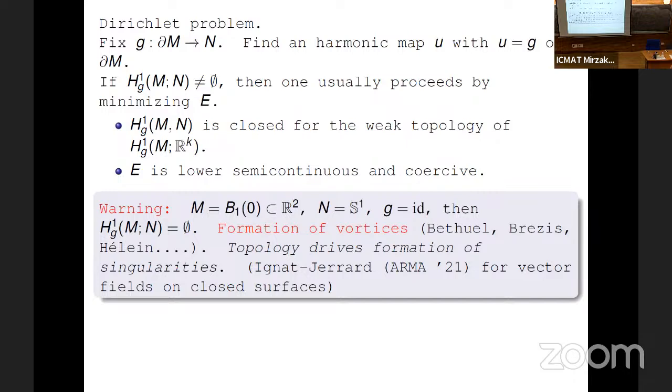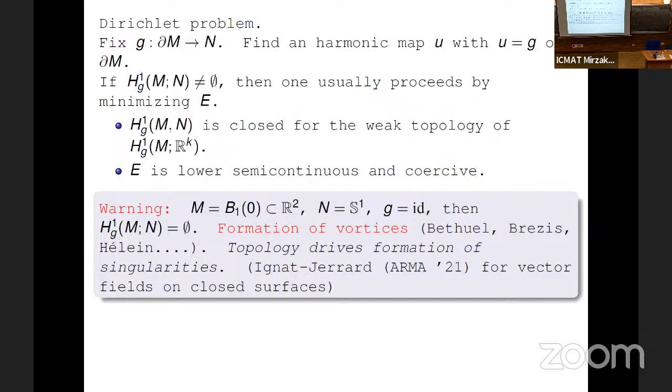So what to do when this space is empty? Well, there is this Ginzburg-Landau approximation that tells you something, and it's the content of the famous book by Bethuel, Brezis, and Hélein. And this is a nice feature of these studies, the fact that when you have boundary conditions, the topology, and here topology means the topology of the boundary condition, because everything is related to the degree of the boundary condition, drives the formation of singularities.